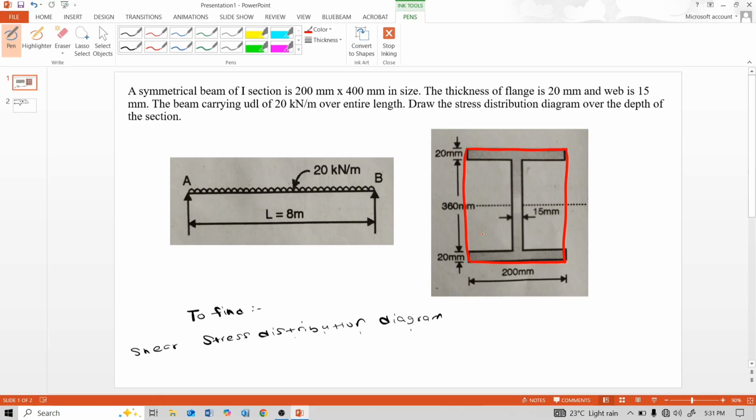First calculate the moment of inertia for that red color rectangle. About this x-axis, the moment of inertia: parallel to x side is 200, multiplied by the total depth 400. So 200 multiplied by 400 cube divided by 12.